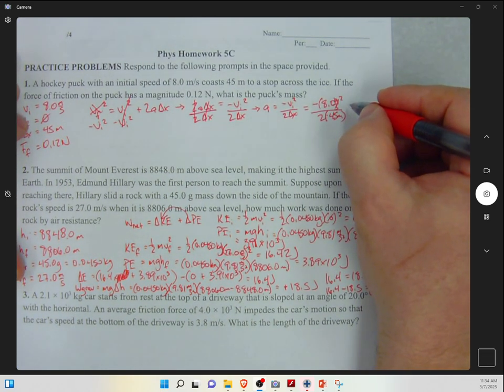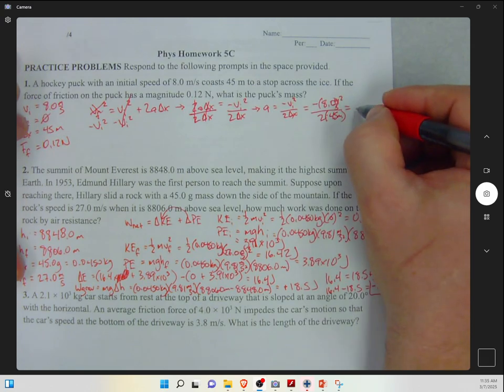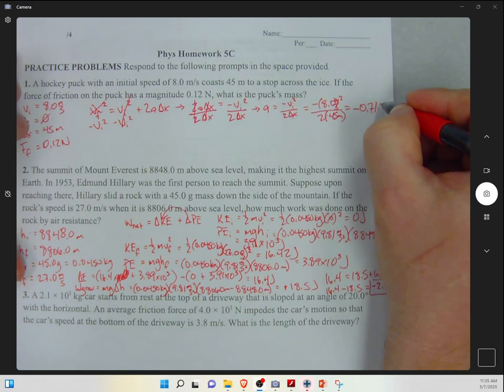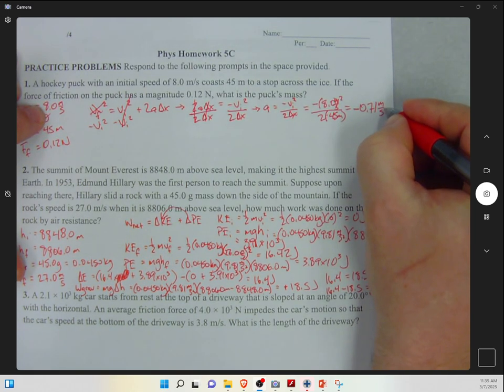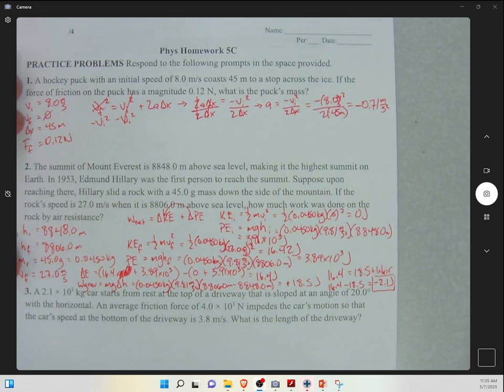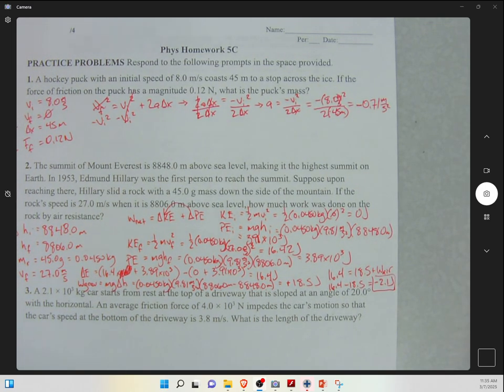And this ends up being negative 0.71 meters per second squared. So this puck is slowing down at a rate, right? Its velocity is decreasing at a rate of 0.71 meters per second squared.